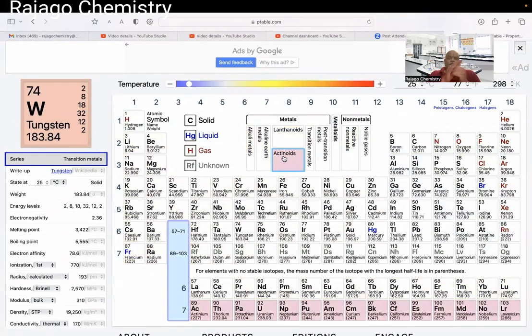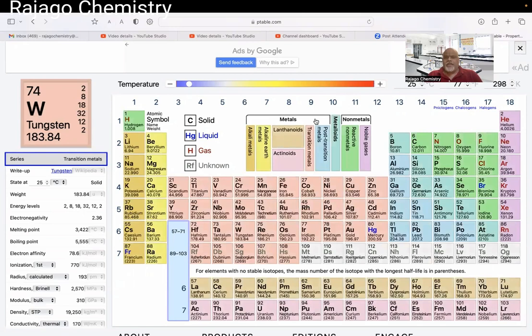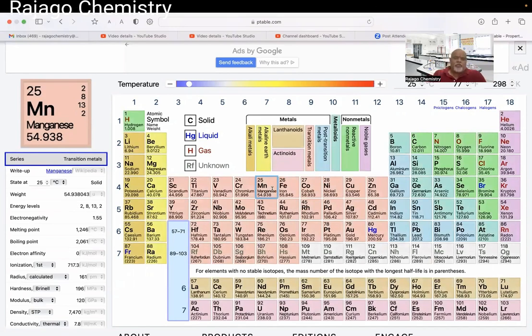So this whole thing is full of information, and it is a good resource to use all the time. If you want any information about any element, you just come here and look at it.